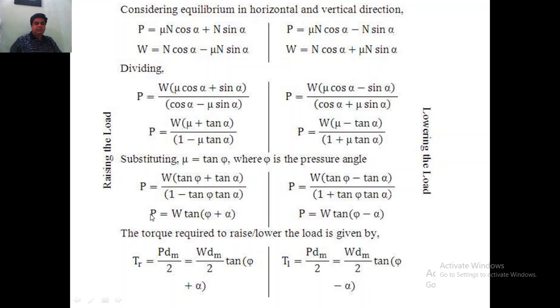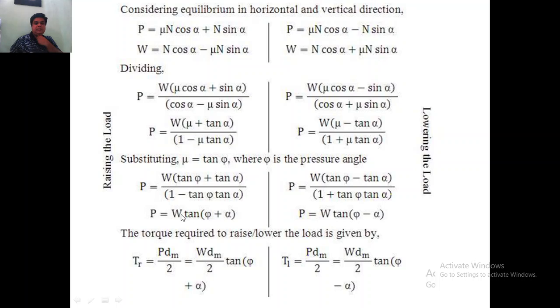You can see this is the force required to raise the load, whereas this is the force required to lower the load in case of the screw rod or the power screws. To raise the load, the helix angle term is added here; to lower the load, it is negative here. This is the only difference between raising and lowering the load.